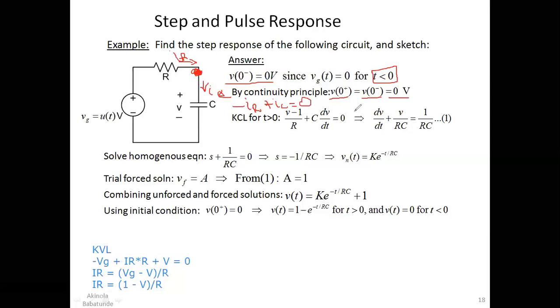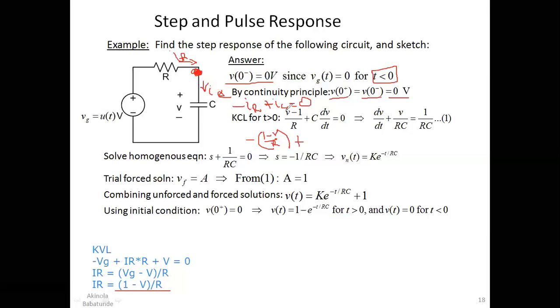These are the two currents we are dealing with. Don't forget, our IR is 1 minus V over R, which we found earlier. So we have minus, in brackets, 1 minus V over R, plus IC.